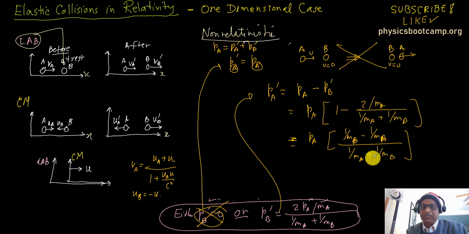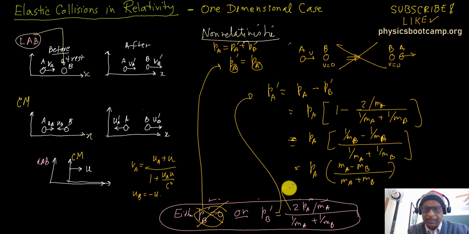You can simplify this more: PA times MA minus MB over MA plus MB. And PB prime will be PA times 2 MB over MA plus MB.